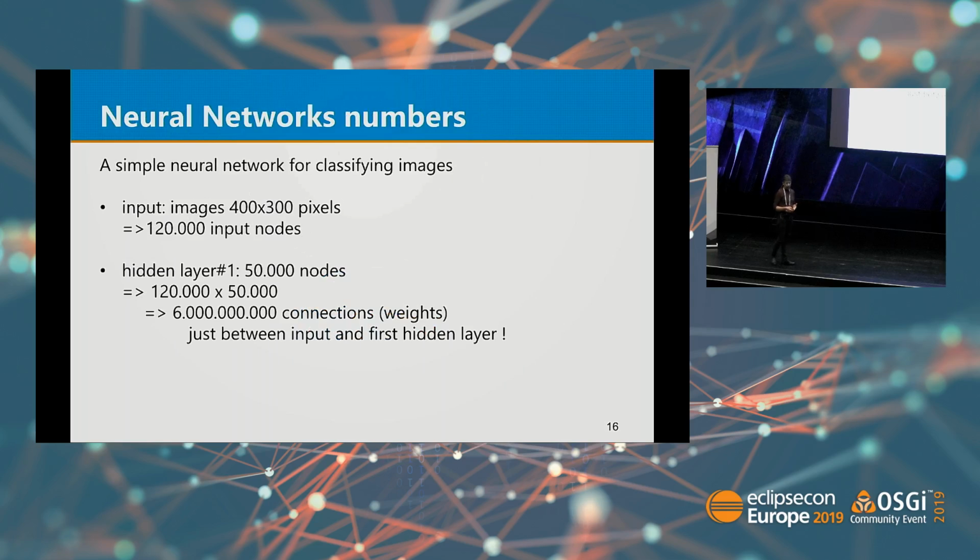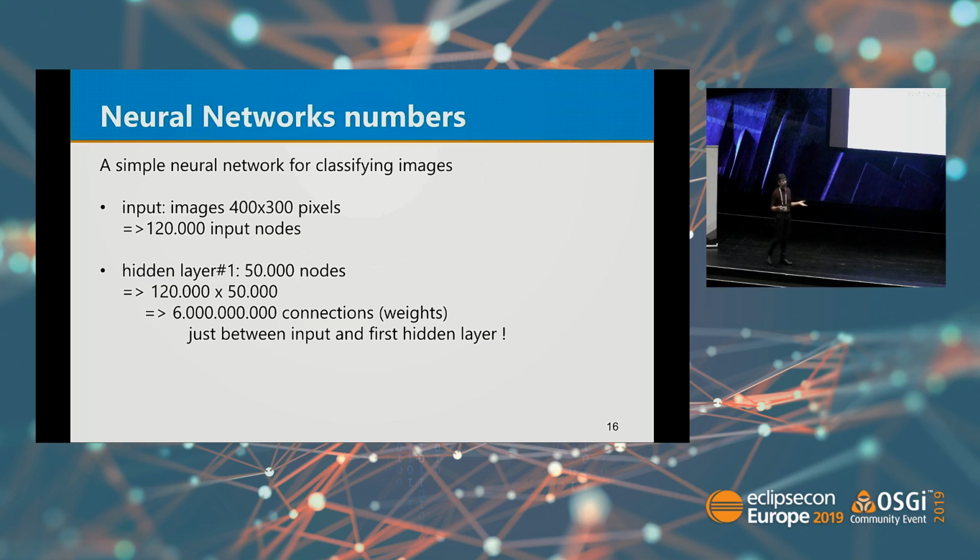Let's speak about numbers. Let's say we have to deal with a classification task of images. Maybe we have 400 by 300 pixel images, so basically low resolution images. But we already have 120,000 input nodes.